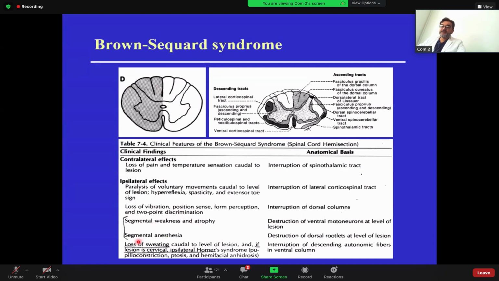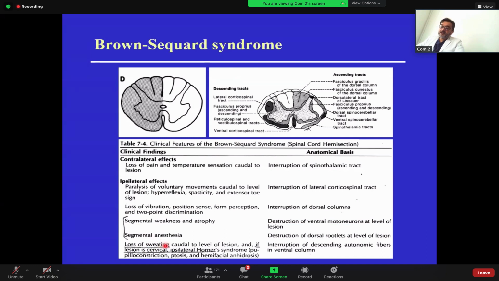Segmental weakness and atrophy. This is because of the anterior gray horn cells. And segmental anesthesia. This is because of all the neurons which are entering the dorsal rootlet, which is bringing the sensory sensation. They are all gone. So you have segmental anesthesia within the segment where there is damage to the spinal cord.